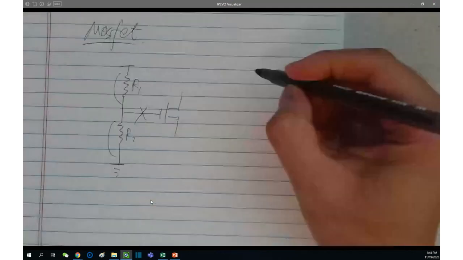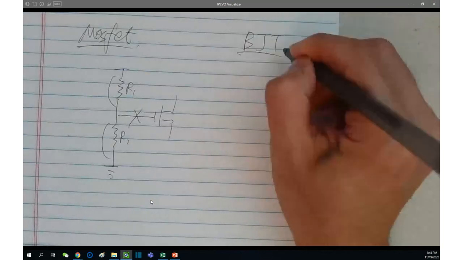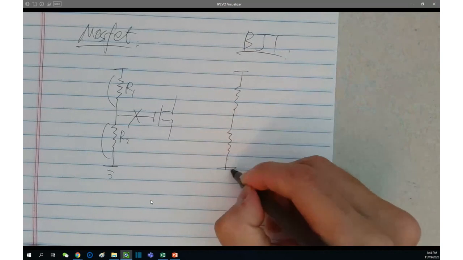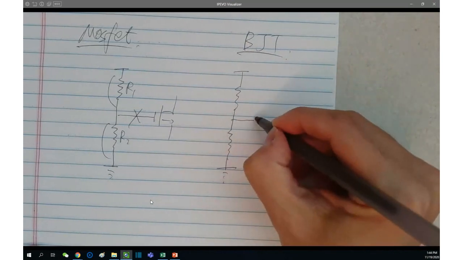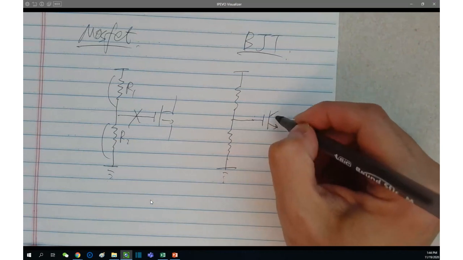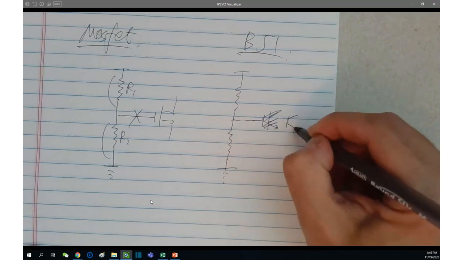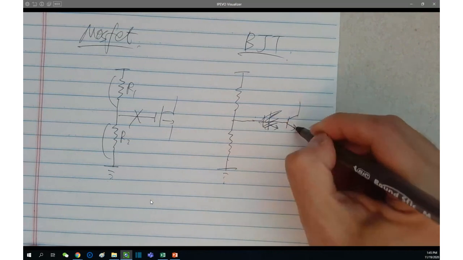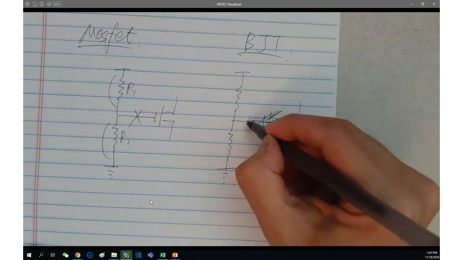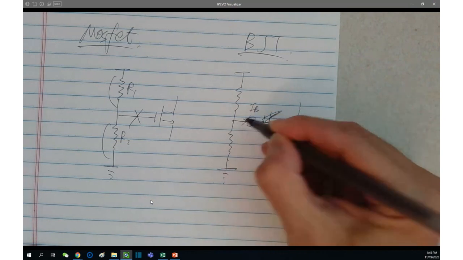Now the BJT here is not open. You connect to the base. I'm not drawing the BJT. So right here is not open.